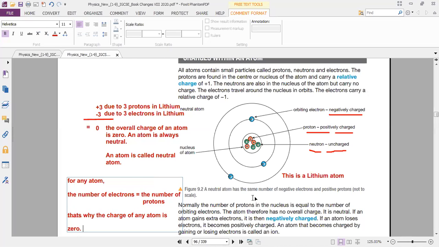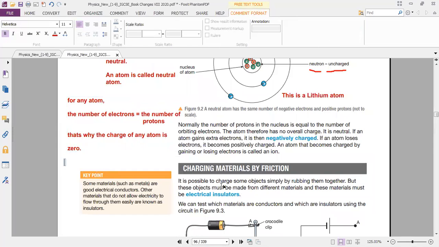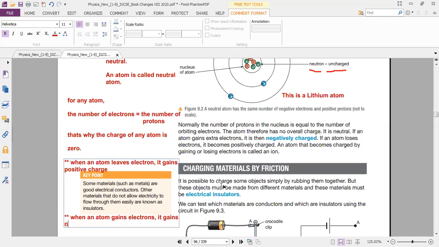And, important point, please write: when an atom leaves electrons, it gains positive charge. And when an atom gains electrons, it gains negative charge.